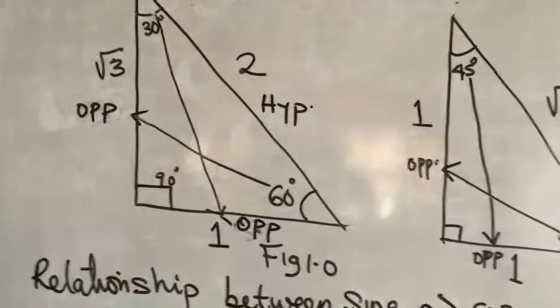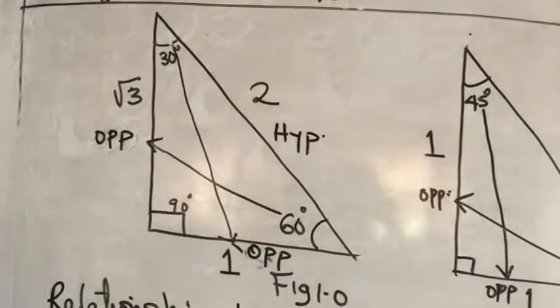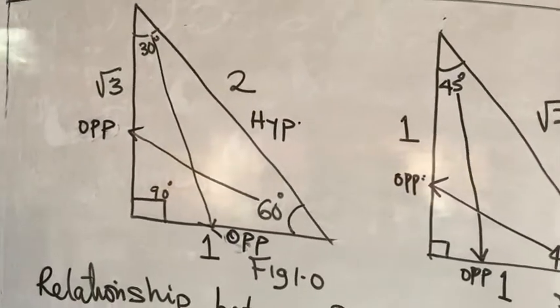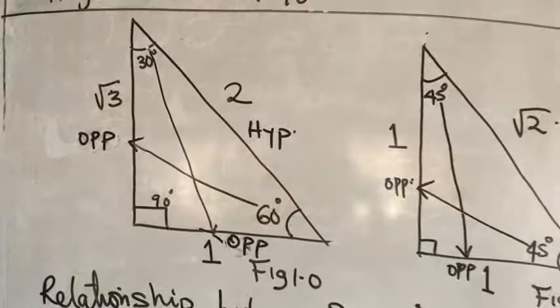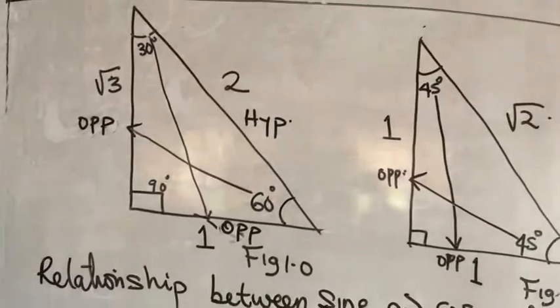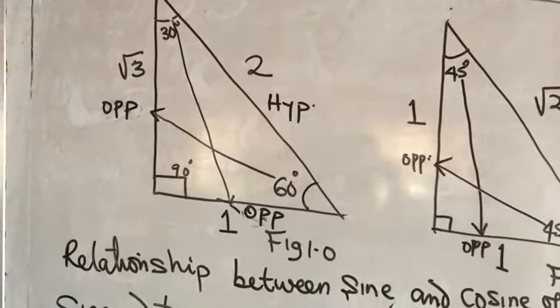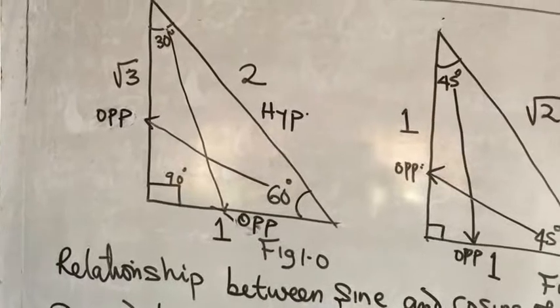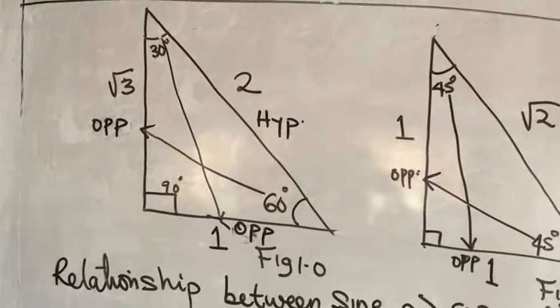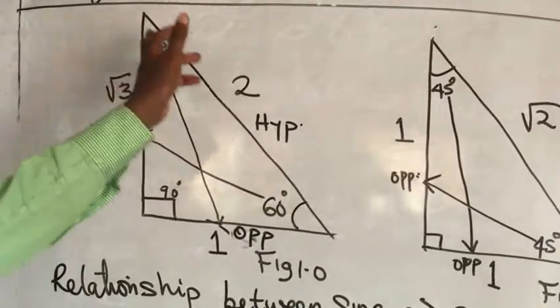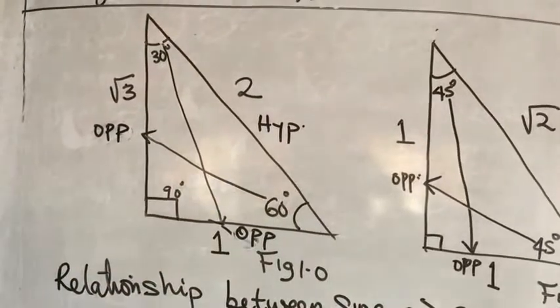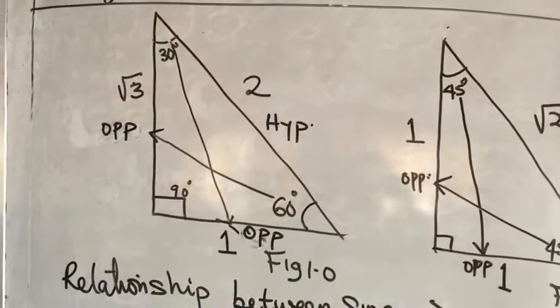Now, please listen. For a right angle triangle, of the three sides, one must be the hypotenuse side, one must be the opposite side, and one must be the adjacent side. The hypotenuse side is constant. You can't change it. It's the one that is sliding. But the opposite and the adjacent are not constant.